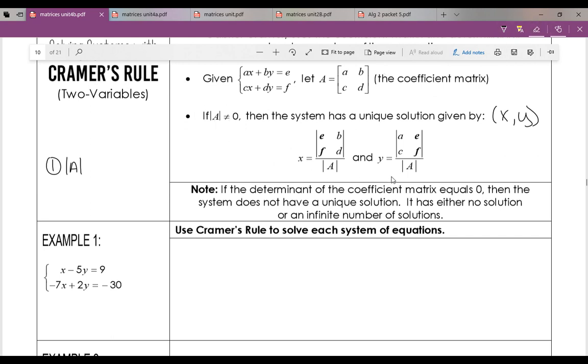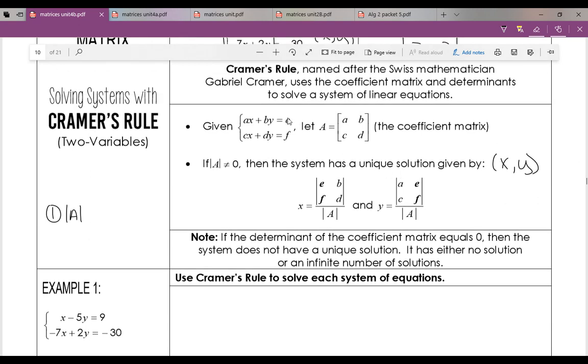Now, the way this works, and I'll show you as we go through a couple of these examples. Here's my coefficient matrix. Now, when I am solving for x, I am not allowed to use the numbers attached to x. So A and C are off limits. Well, I have to have numbers to put in that spot.